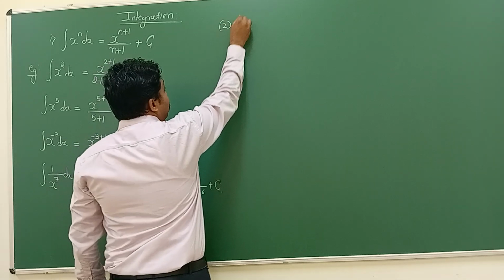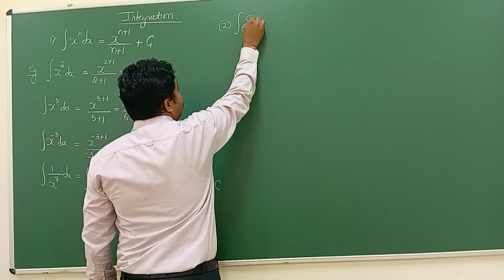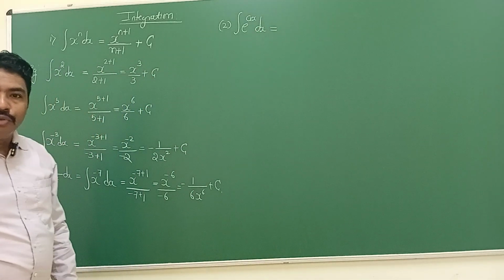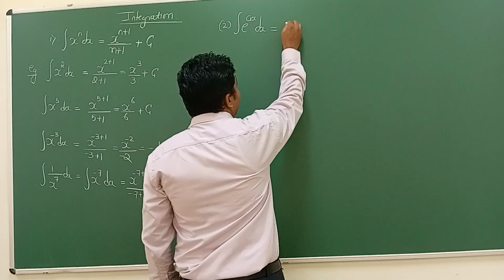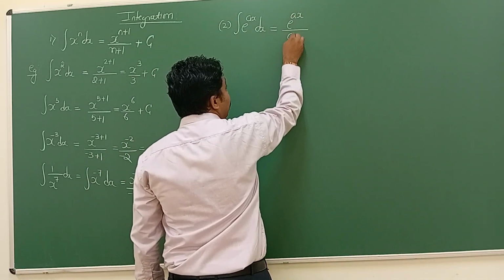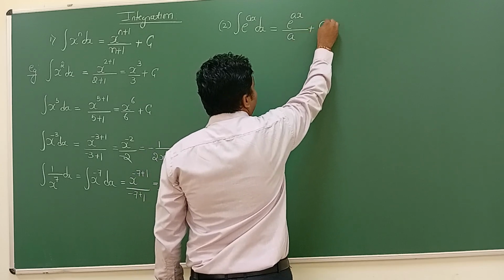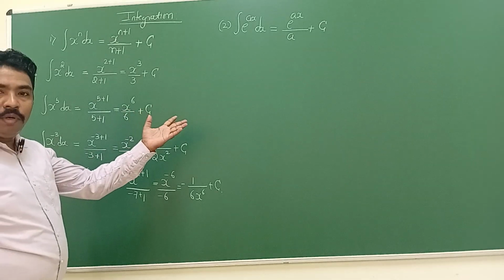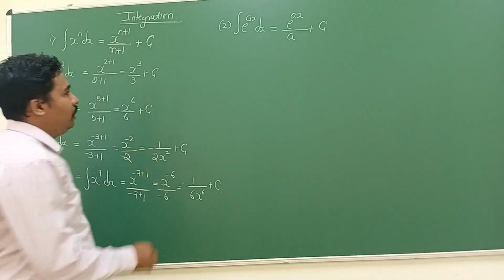The second one is the integration of the exponential term, that is e power ax dx. The integration of the exponential is e power ax divided by the coefficient of x, that is a, plus c. Here also we will consider positive powers, negative powers and reciprocal values.